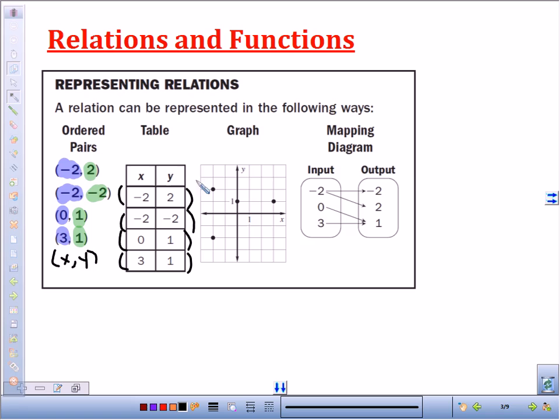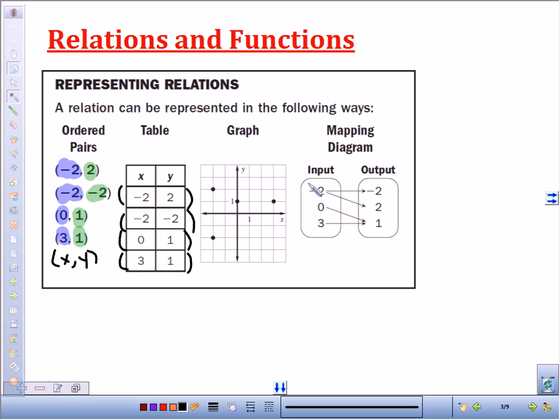And the same thing over on the output, the y values. The -2 here, the 2, and the 1. The 1 value is repeated on my ordered pairs and in my chart, right here, but there's only one of them on the mapping diagram.